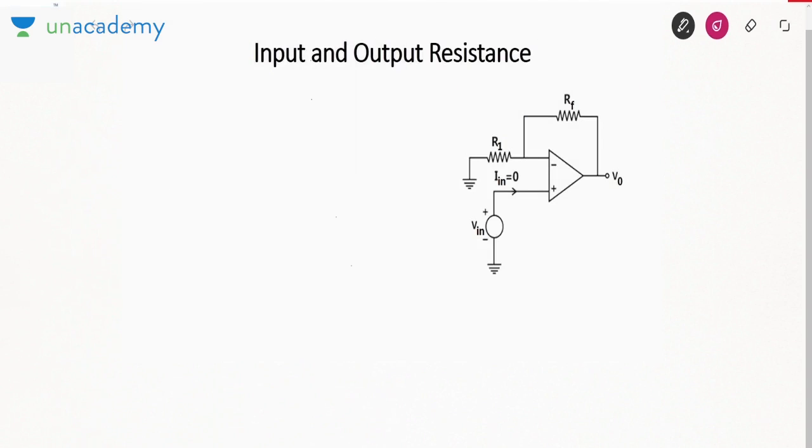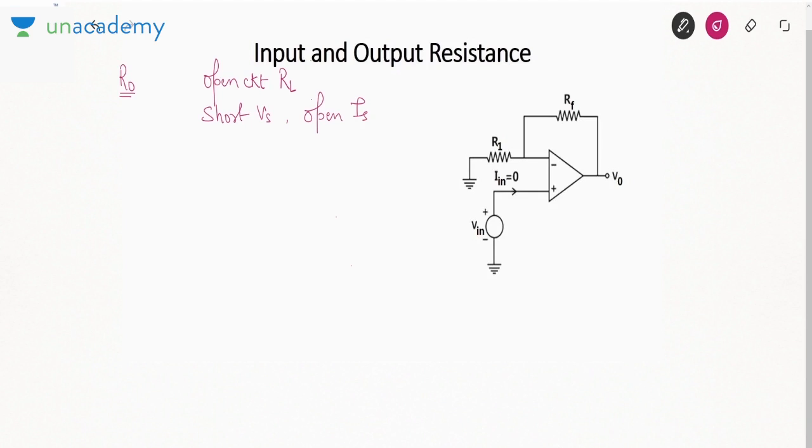Now let us talk about the input and the output resistance of an amplifier. How do you calculate the input and output resistance when I give you any circuit? If you want to calculate output resistance, how you will do it? First of all, open circuit RL, because I have earlier also told you RL is not included in the output resistance. Short the voltage source and open the current source.